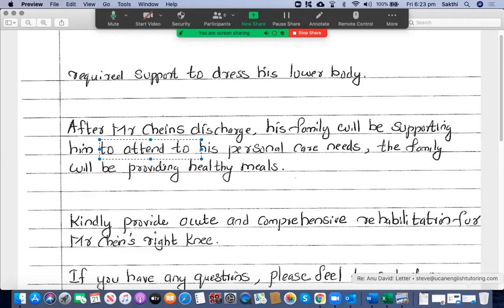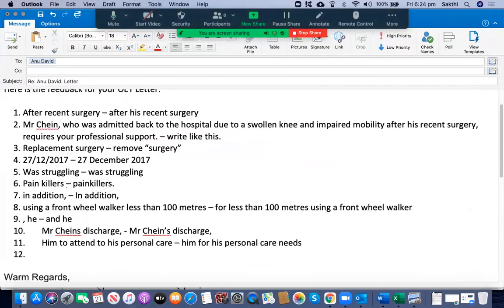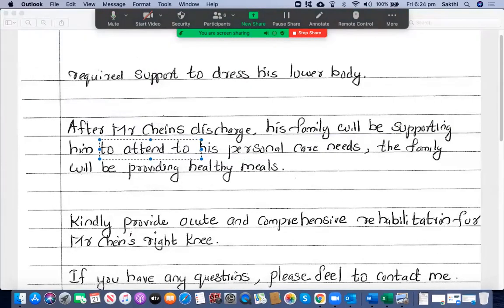Support him in his personal care needs. That would have been much better. Instead of that, you should have mentioned support him for his personal care needs.